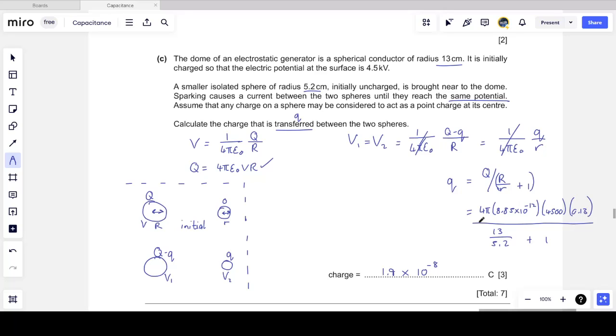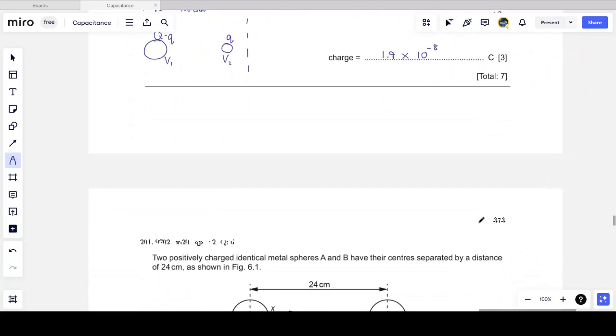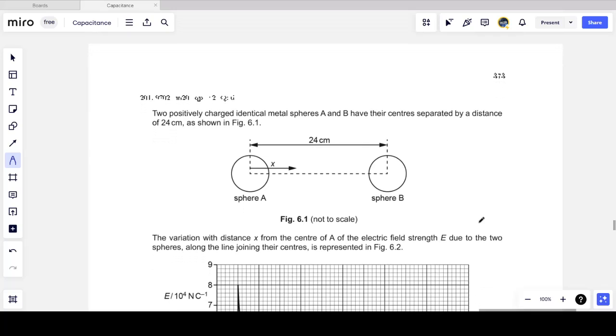But if you understand the picture, you can obviously do this much quicker. And 3 marks may very well take you 4 minutes, maybe a little bit more, but nothing that will set you back in your overall exam. So a 7-mark question, but this last sub-question could have made it a fairly long question altogether. Interesting one, very nice question that will challenge your problem-solving techniques.